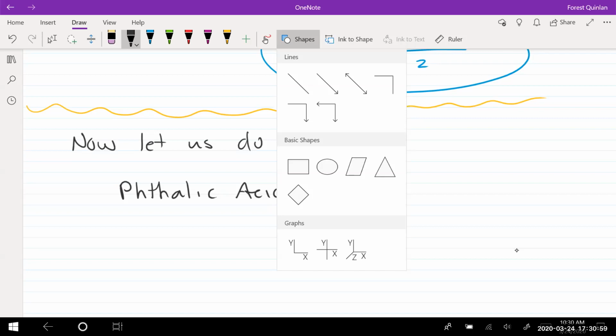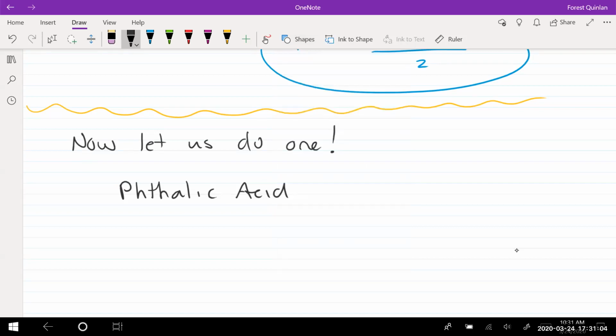Just click the ink to shape and try to draw one. You have to click it first. You click it and it stays on, so as you draw, it tries to turn your stuff into actual shapes. Well, let's undo that. So ink to shape, I'll click it.